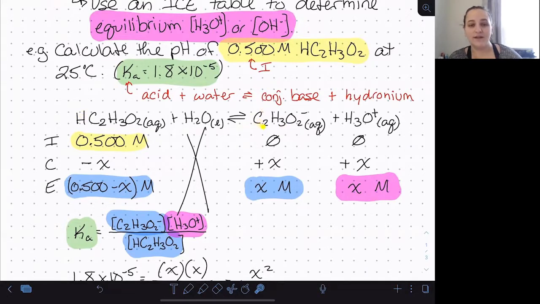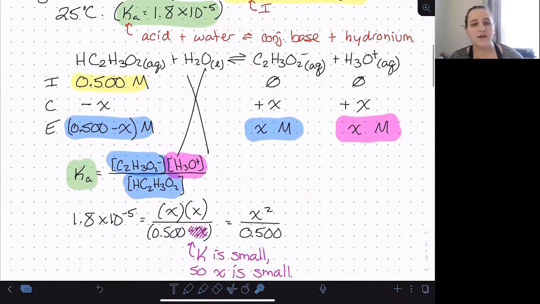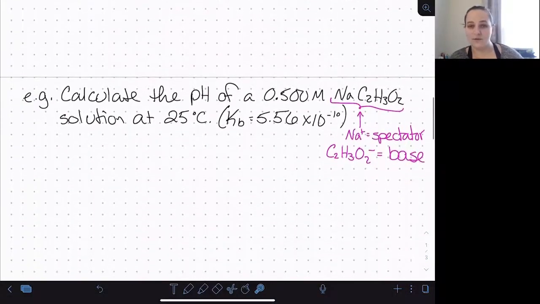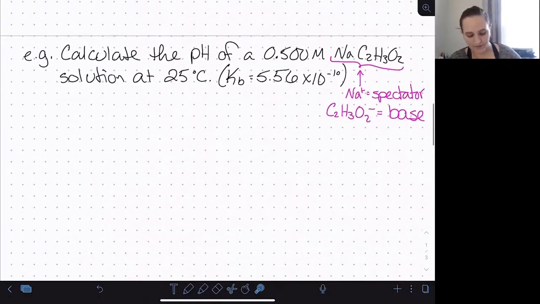So if you recognize that this acetate ion, if I slap an H+ onto this guy, becomes a weak acid, you know that that is a weak base. So you're now better able to identify what is or is not a weak base without necessarily being told. Although being given a Kb for something means it is a weak base. So that is a giant red flag that this thing is a weak base. If it's a Kb, it's a weak base. If it's a Ka, it's a weak acid, even if it may not necessarily look like it is.